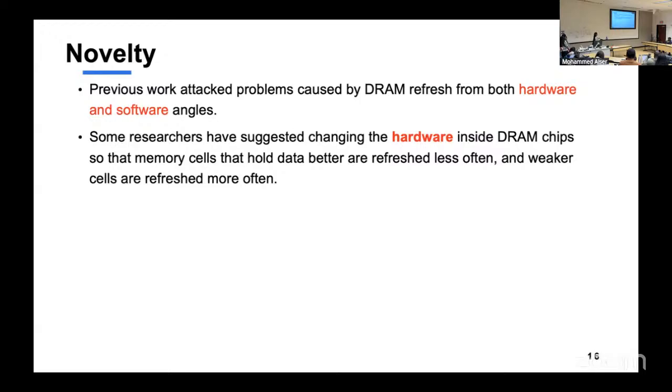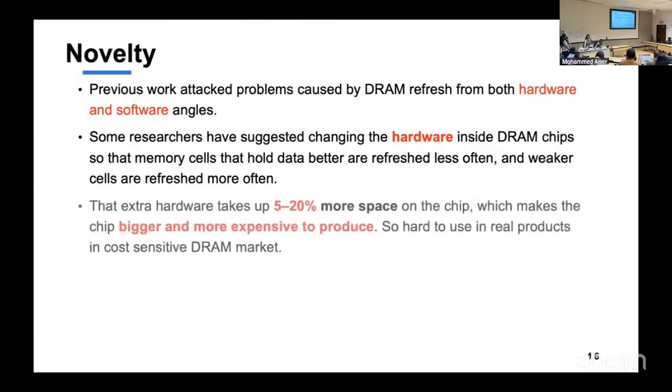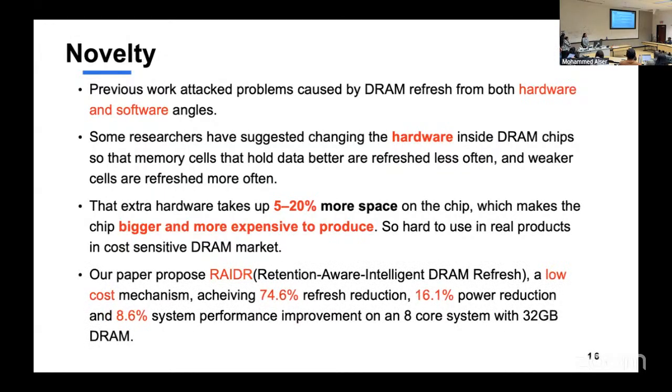But the extra hardware takes up 5 to 20% more space on the chip, which makes the chips bigger and more expensive. So our paper RAIDR has a low cost mechanism, achieving 74.6% refresh reduction, 16.1% power reduction, and 8.6% system performance improvement.